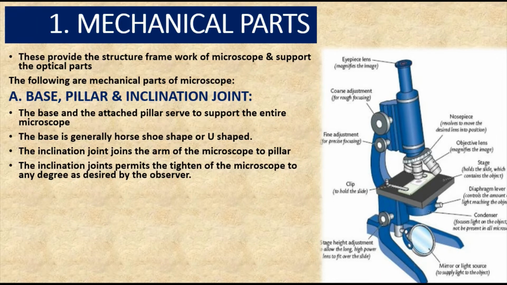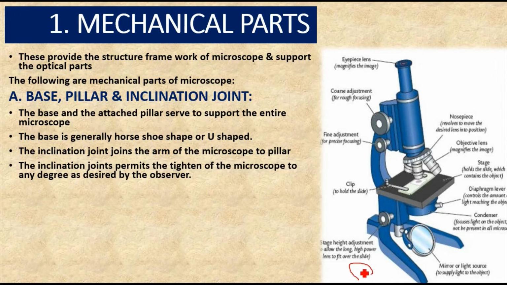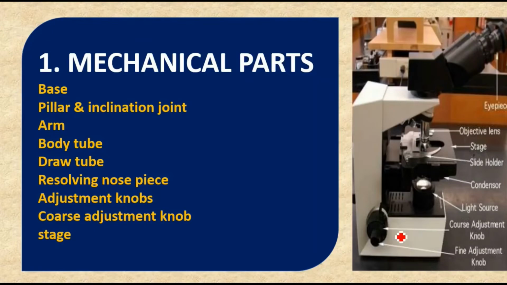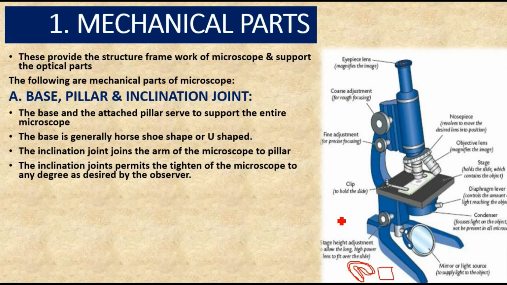In some microscopes it is a horseshoe shape, like this. And some microscopes have a square shape also, which we have seen here. So the base can be of any shape.